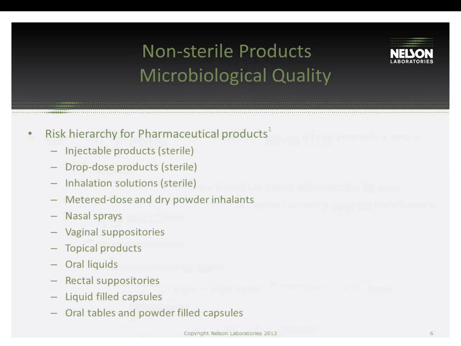First, we want to look at a risk hierarchy for pharmaceutical products. As we covered, sterile products on the very top are at the highest risk, going down through non-sterile nasal sprays, topical products, down through to oral tablets and powder-filled capsules.